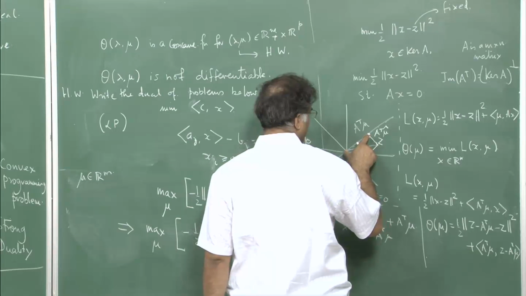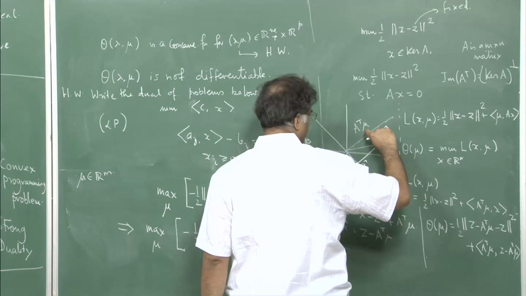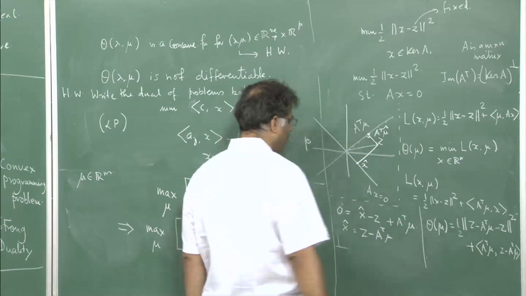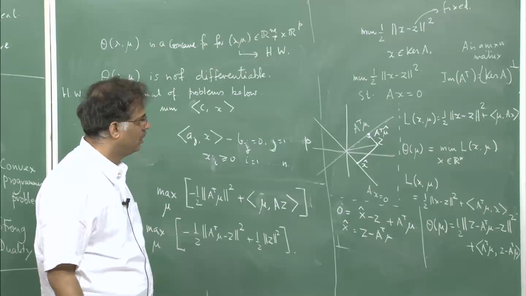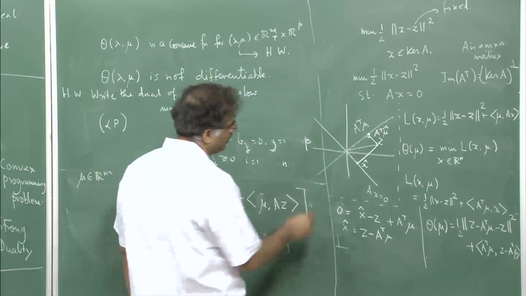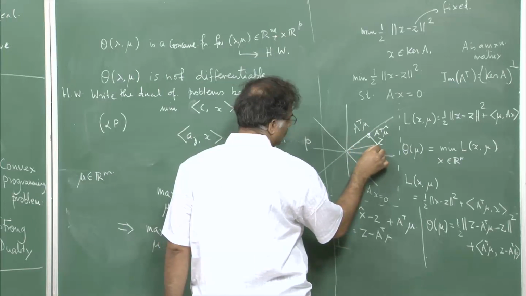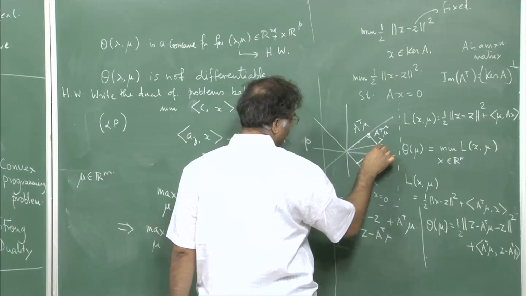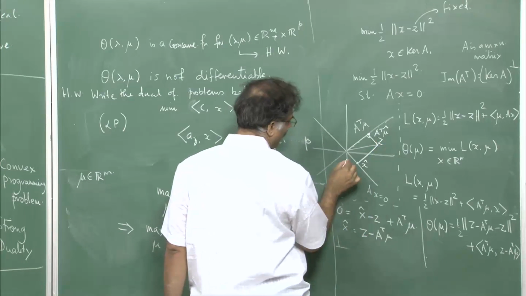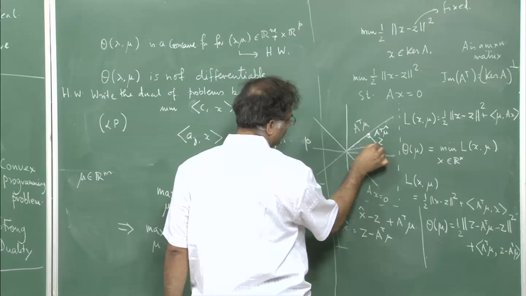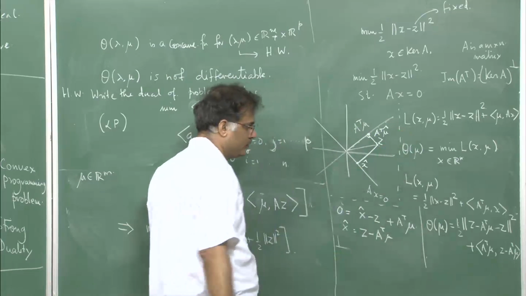This distance is A transpose mu, this distance is x hat minus z, and this distance is z minus A transpose mu.